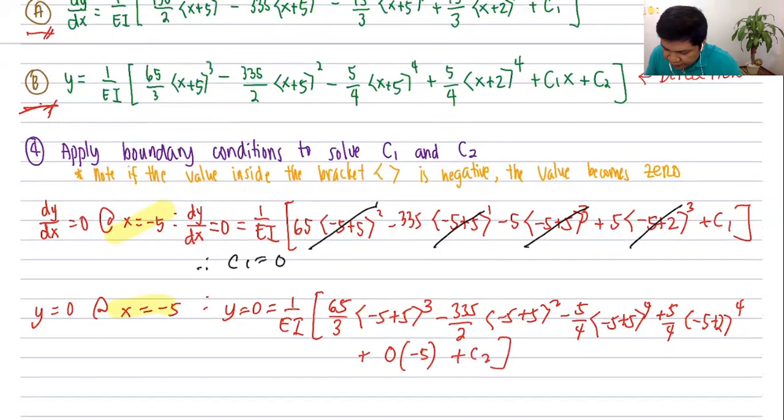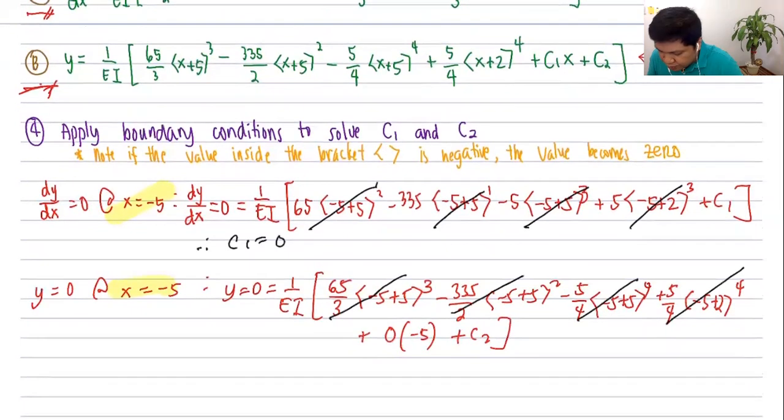Okay, let's evaluate. 0, 0, 0. Negative 5 plus 2, that's negative, so it's 0, 0. Therefore, C2 is still equal to 0.